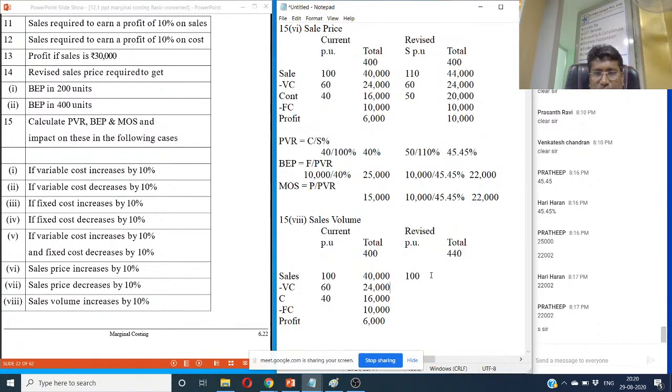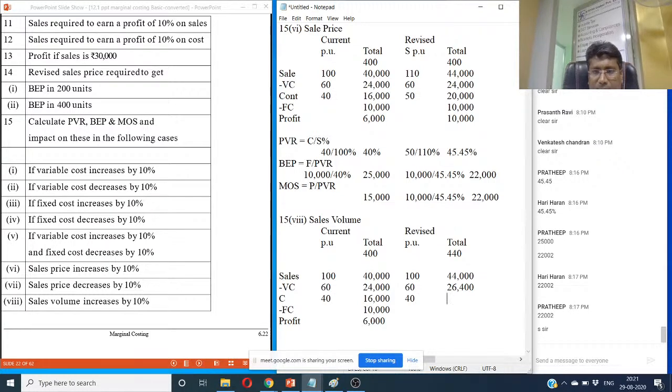Sales price per unit, variable cost per unit, and contribution per unit remain constant, and sales volume will be changing. 44,000. Variable cost will be 26,400. Am I right? And contribution being 17,600. Am I right? And fixed cost being the same 10,000, and then the profit is 7,600.